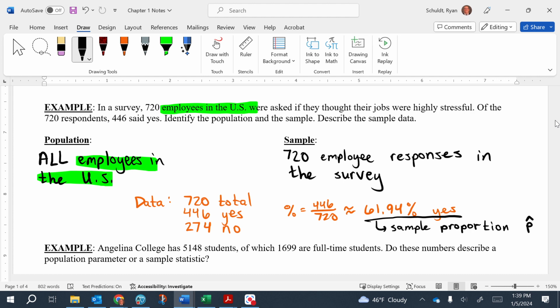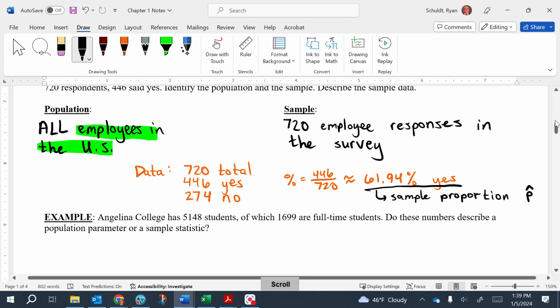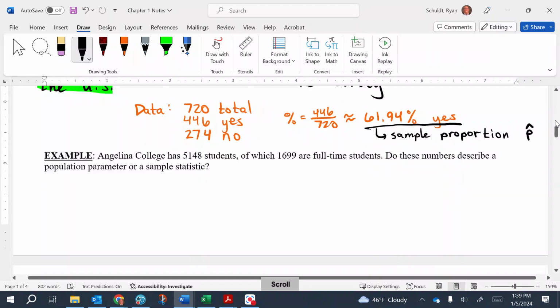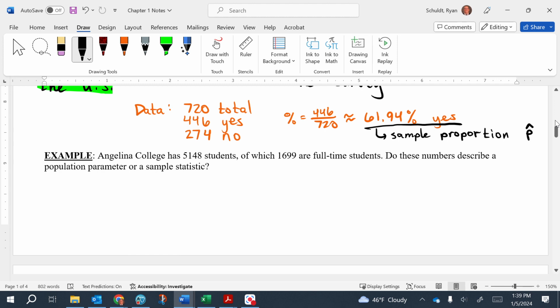Okay. Let's look at the next one. Angelina College has 5,148 students, of which 1,699 are full-time students. Do these numbers describe a population parameter or a sample statistic? What do y'all think?